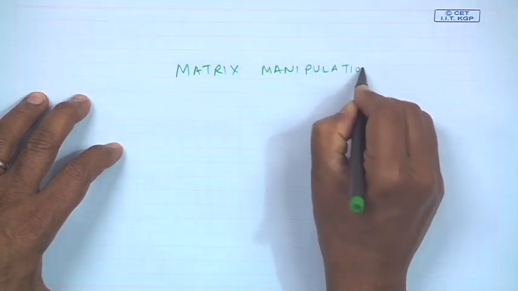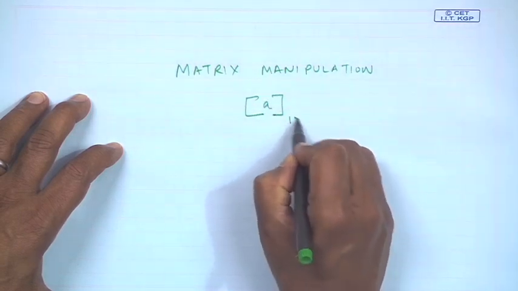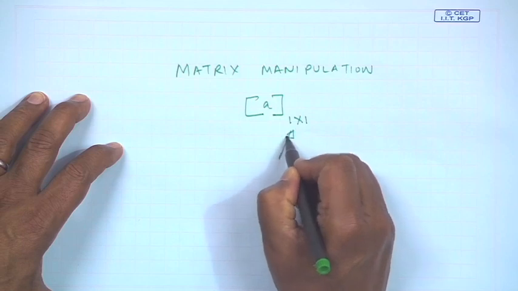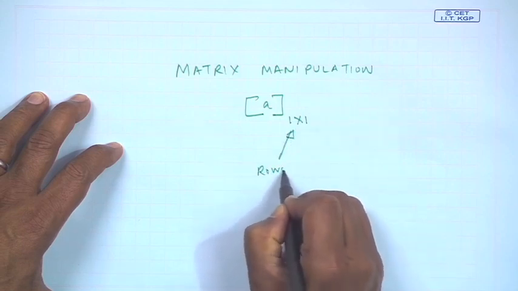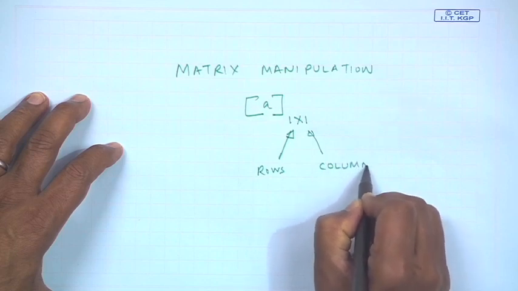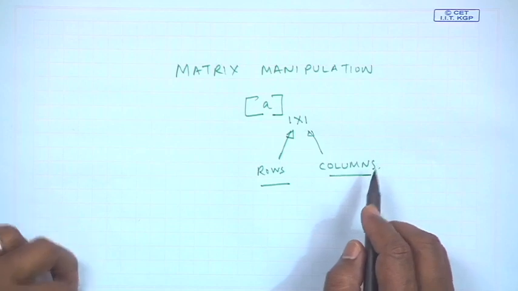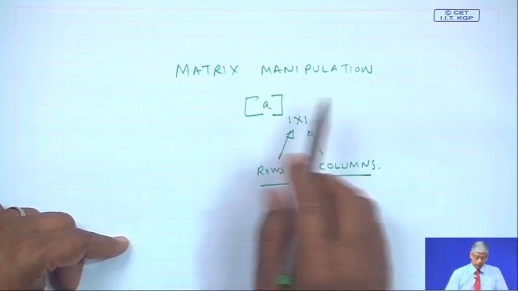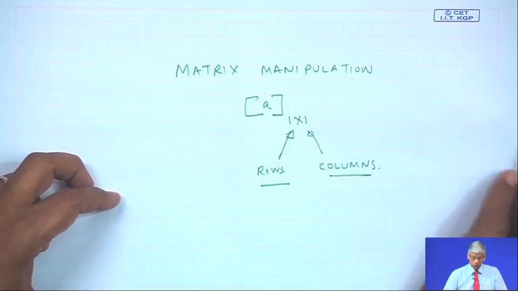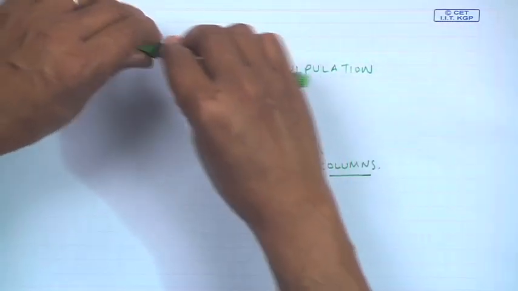Even suppose I have one character, this is 1 by 1, this is number of rows and this is number of columns. So certain rows and columns are to be used, and then I can have matrix of many rows and columns and so on, and I can treat these numbers accordingly.